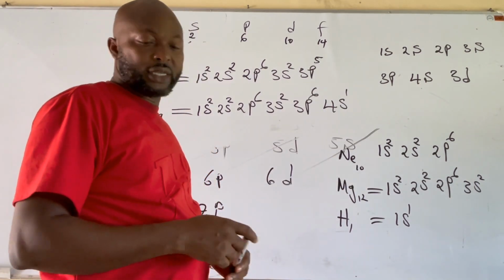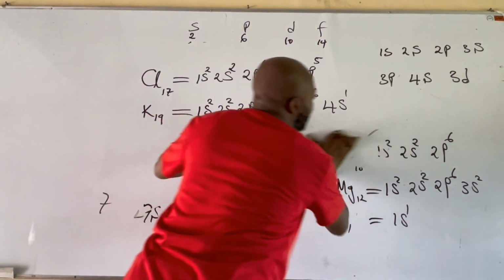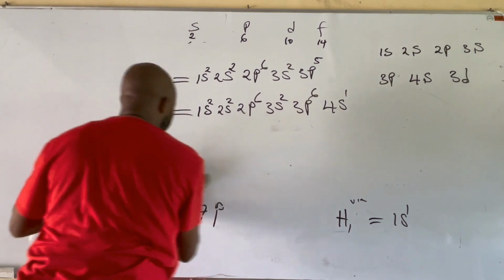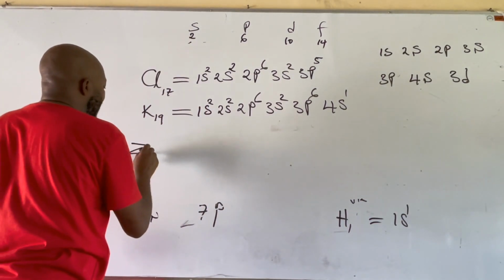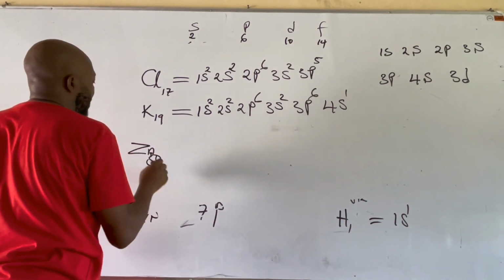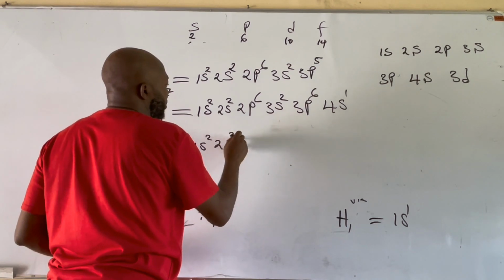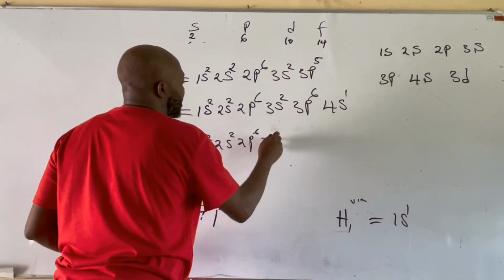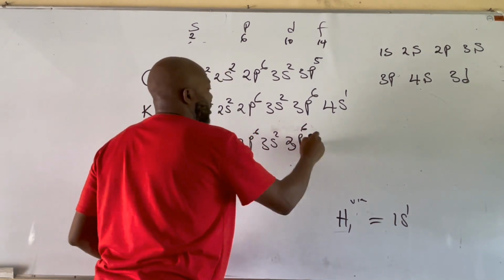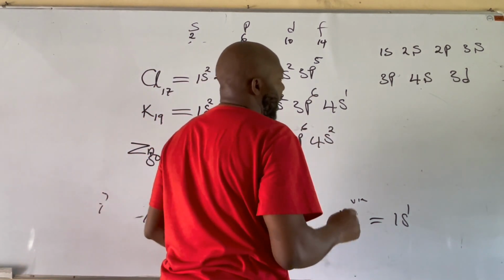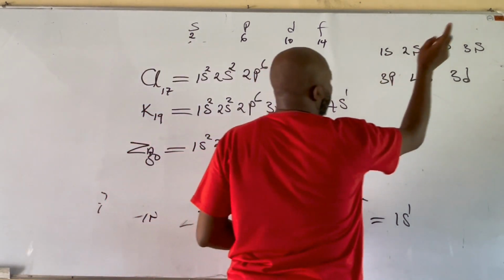Zinc is 30. We do the same thing by moving it this way. Now, zinc is 30. Zn is 30. I have my 1s2, 2s2, 2p6, 3s2, 3p6, 4s2. This is 20. I'm left with, this is where I am.